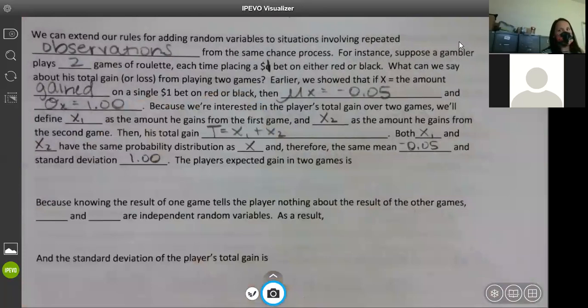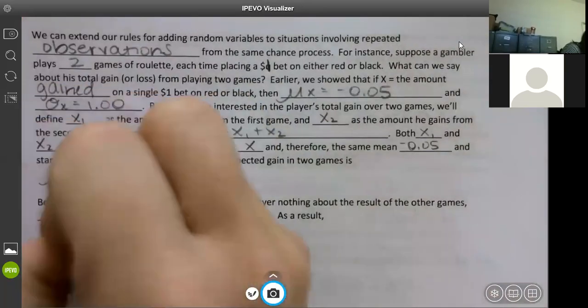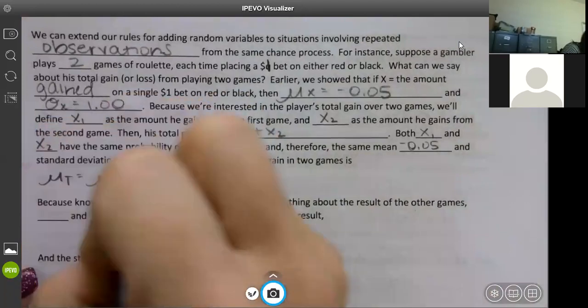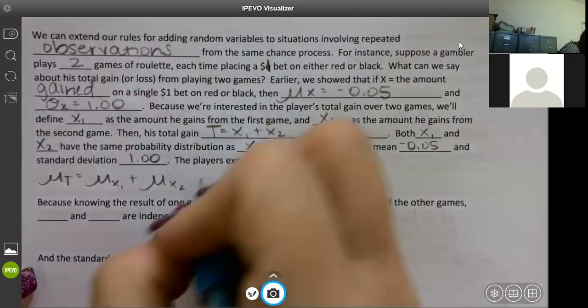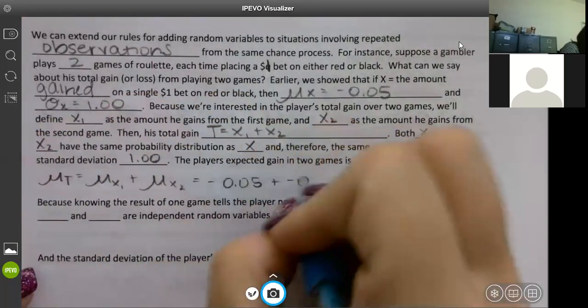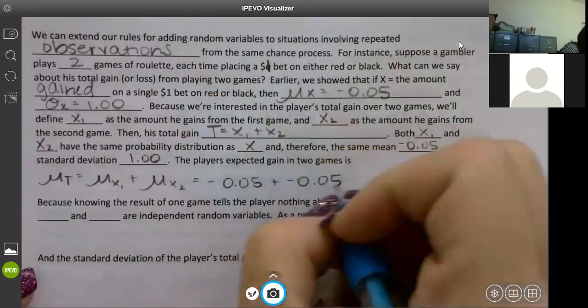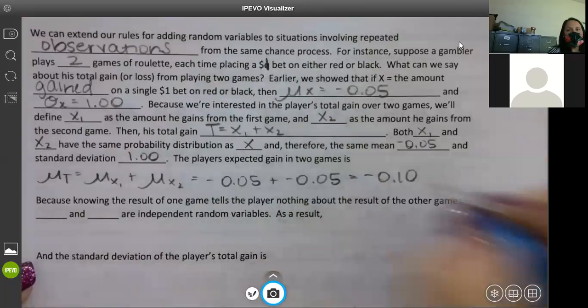So all it means is that X1 and X2 have exactly the same mean, the same probability for both of them. So if we're looking for the total, we're going to do the mean of X1 plus the mean of X2, which are both the same, negative 5 cents plus negative 5 cents, which gives you negative 10 cents.